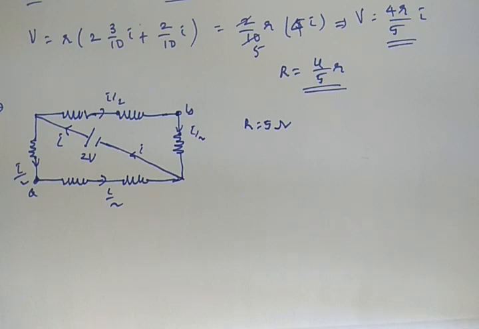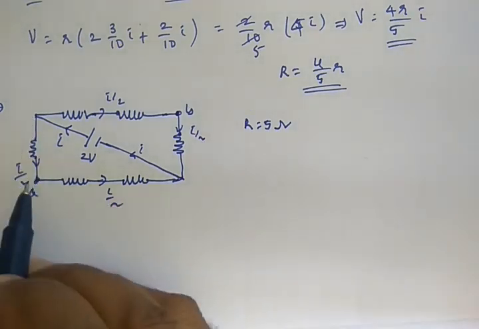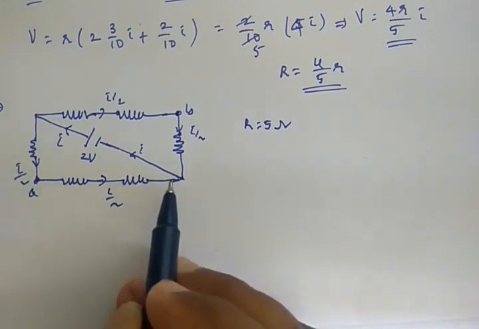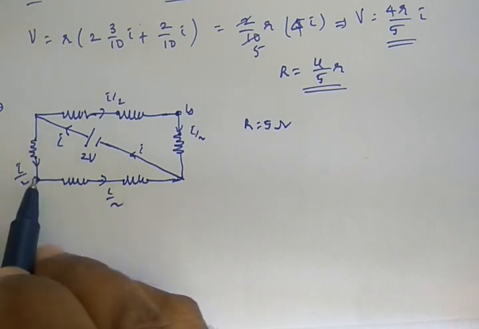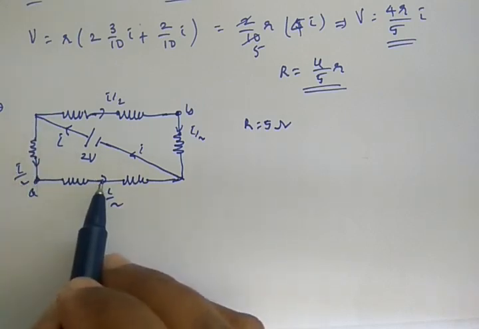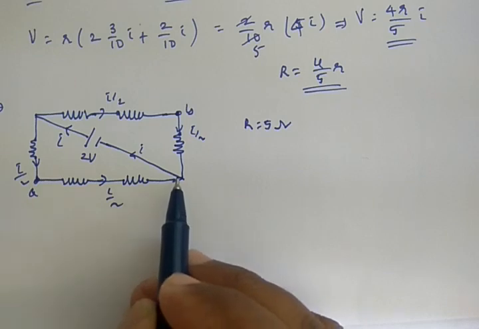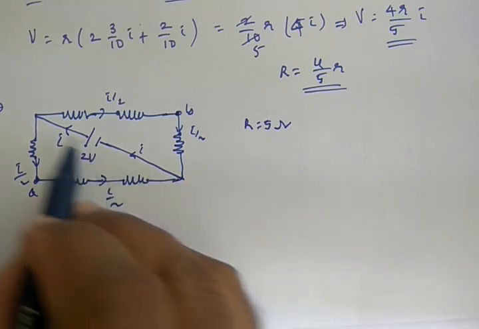Now you can apply the loop rule. The loop rule says the voltage across this is 5 into I by 2, across this one is 5 into I by 2, and across this one also 5 into I by 2, that equals 2 volt.